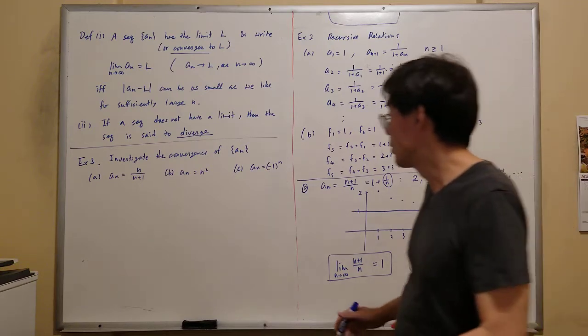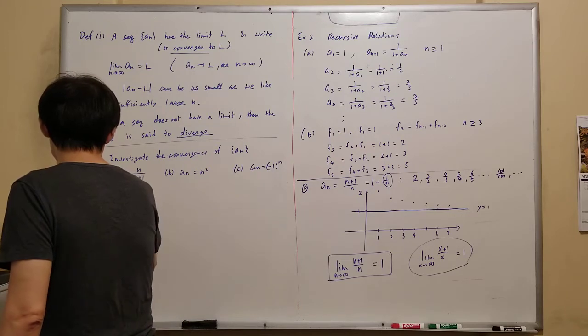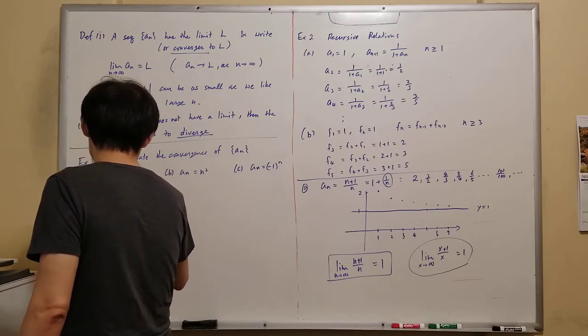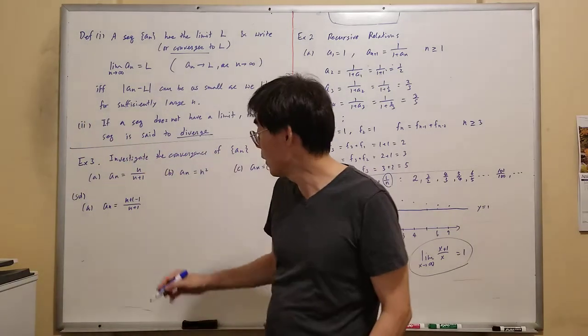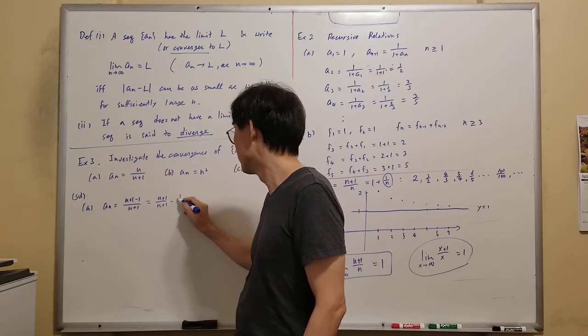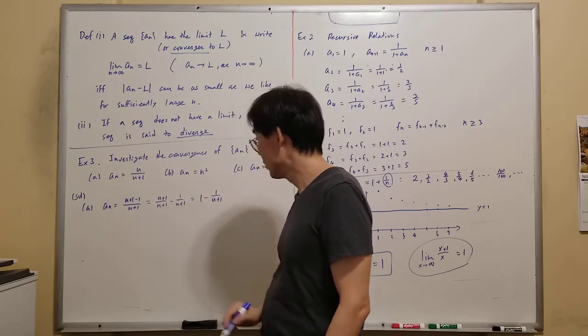Okay, so here, A. Now, a_n is (n plus 1 minus 1) over n plus 1, I can write it this way, and split. 1 minus 1 over n plus 1. What do you think?